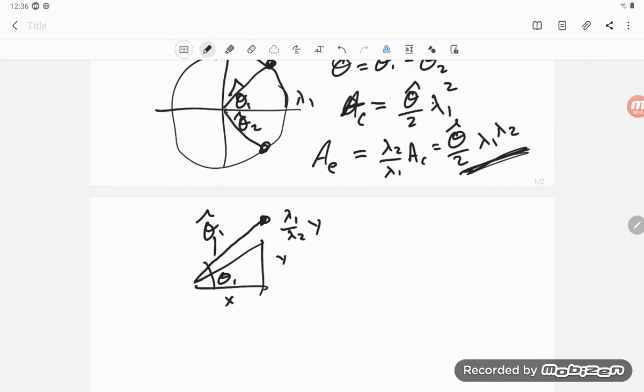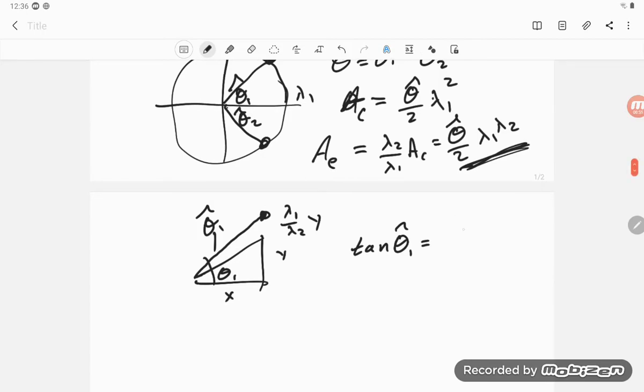So we see that the tangent of theta 1 hat is equal to, instead of y over x, lambda 1 y over lambda 2 x, if I write it that way. So theta 1 hat is the arctangent, or inverse tangent, of lambda 1 y over lambda 2 x.